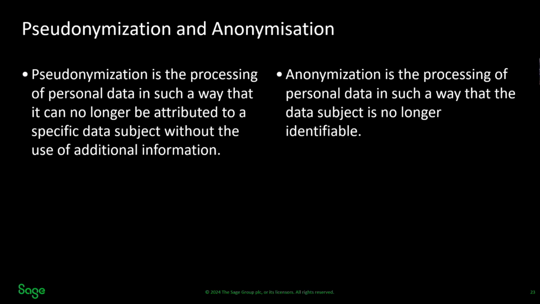Now, pseudonymization is the processing of personal data in such a way that it can no longer be attributed to a specific data subject without the use of additional information. Anonymization is the processing of personal data in such a way that the data subject is no longer identifiable. That sounds okay. Now, surely this is all right.